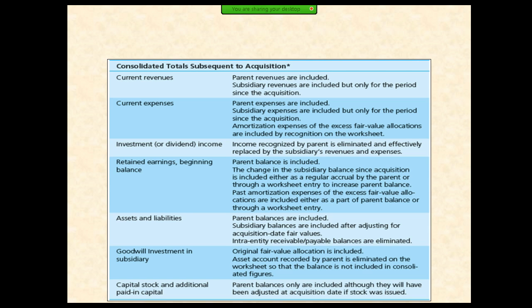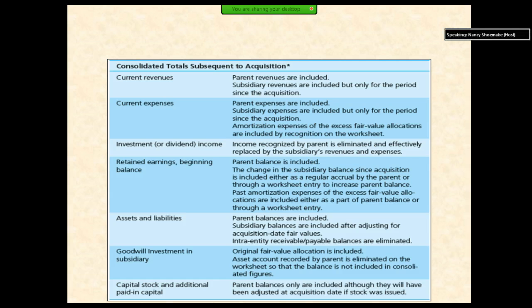When we're dealing with the investment income, the income that was recognized by the parent is going to be eliminated, and basically the subsidiaries' revenues and expenses take the place.